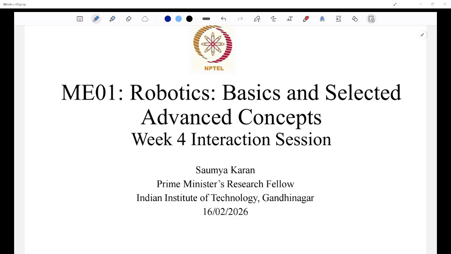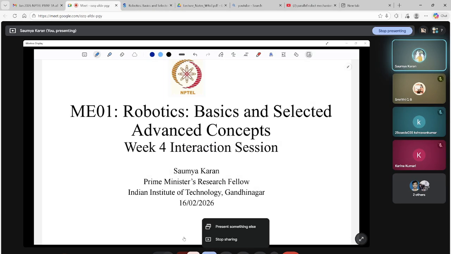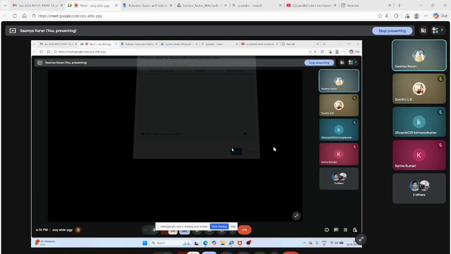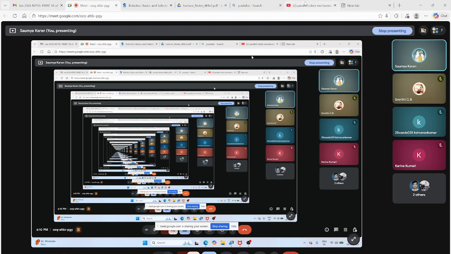I need to change this window capture to Microsoft Edge, and then I need to present my screen, the entire screen. Okay, I hope you are able to see my screen.